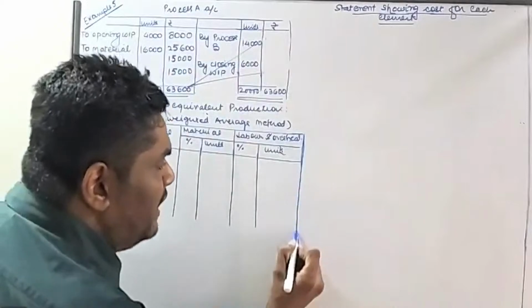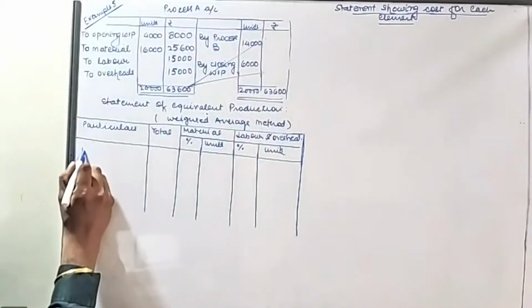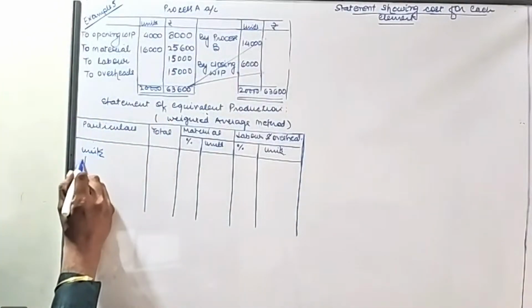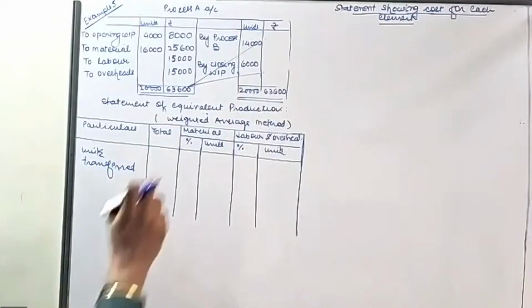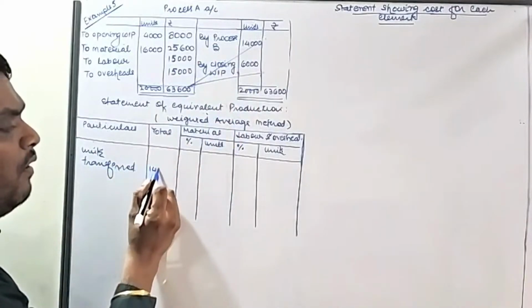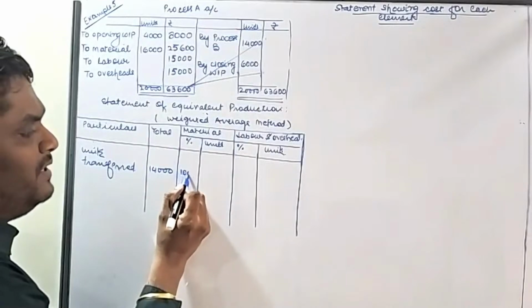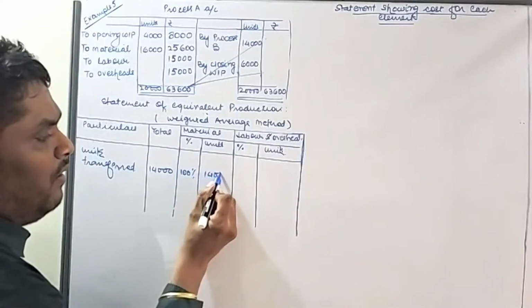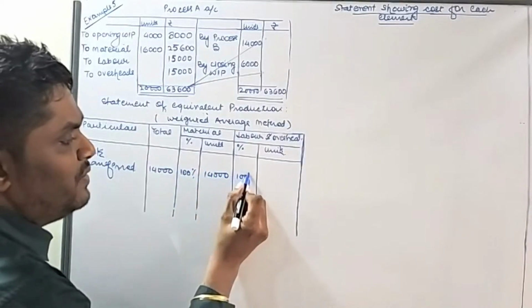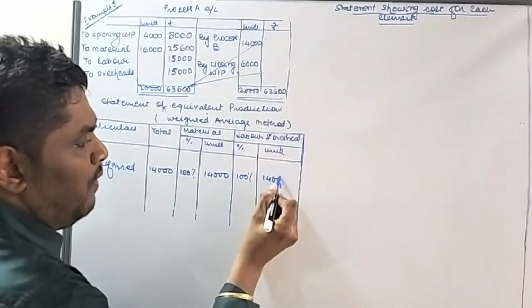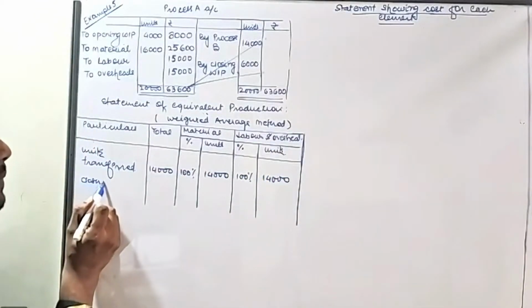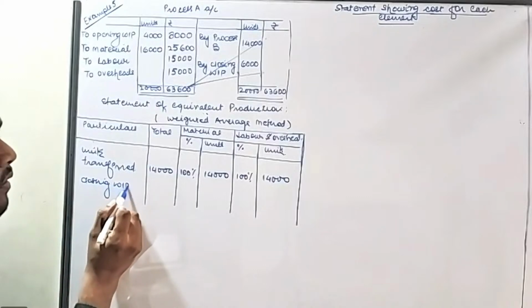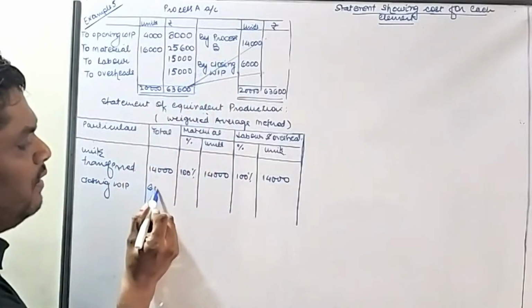So we need the total units. So when talking about units transferred, how many units were transferred? 14,000. They were 100% process, so 14,000. When talking about the closing work in progress, it is 6,000.